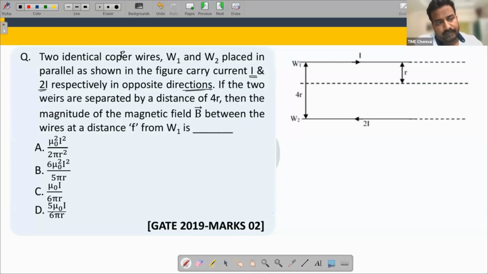If the two wires are separated by a distance of 4r, then find the magnitude of the magnetic field B between the wires at a distance of r from W1. So this is on the Biot-Savart law, the case of infinite line.